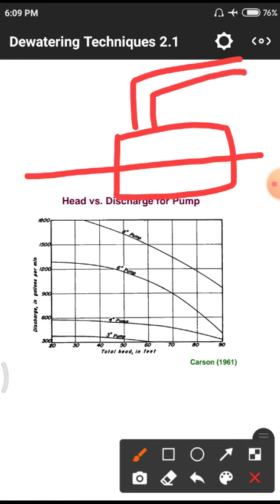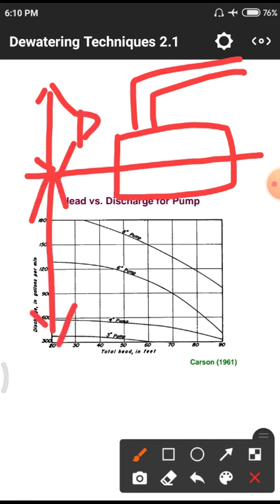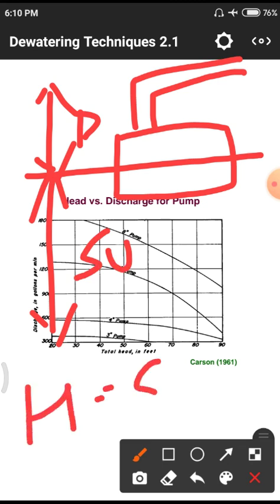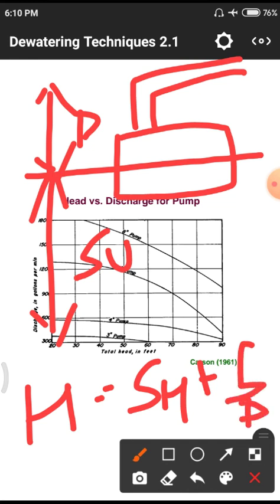This is the central level. This is the discharge head, and this is the suction head. Total head equals suction head plus discharge head, that means HS plus HD, normally suction head plus delivery head.